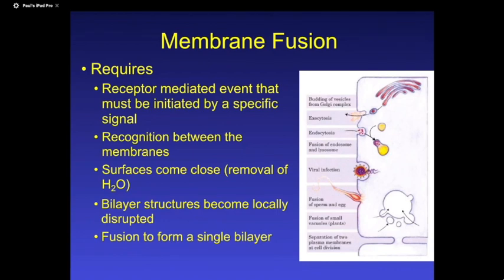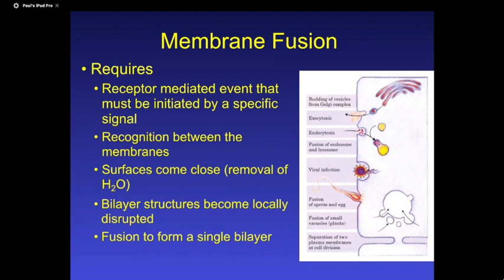Now, membranes will fuse, and we've shown that. But when we have membrane fusion, there's a whole bunch of things that are required. We usually have a receptor-mediated event, meaning that on one cell there's something that presents out, and on another cell there's something that presents out, and they have to bind together. That binding together brings them close.